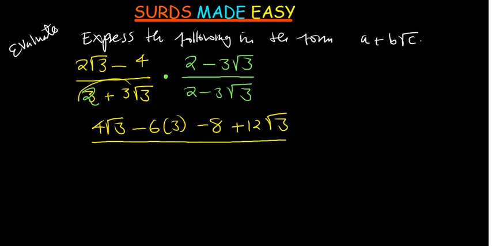So we have got this times this. Now remember we said when we are multiplying a number by its conjugate, this is the number, this is its conjugate. Conjugate is just that same number but the sign is different. So all you do is this. Remember, this is in the form a plus b, multiplied by a minus b.